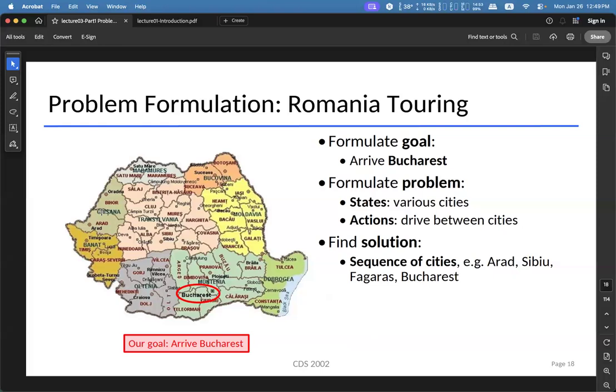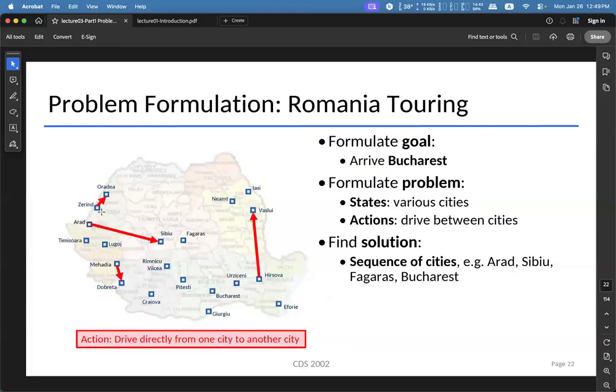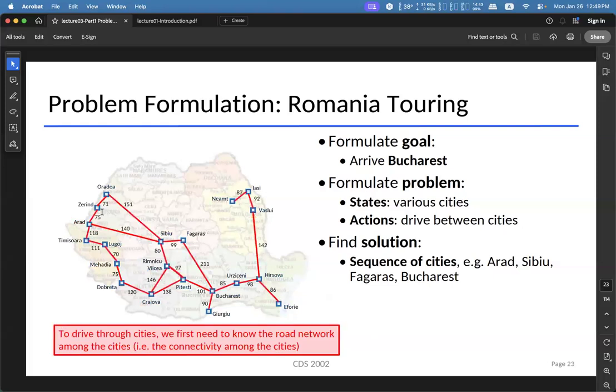By doing so, we essentially convert the problem into a graph. And once we convert our problem into a graph, the computer can solve it with standardized algorithms.